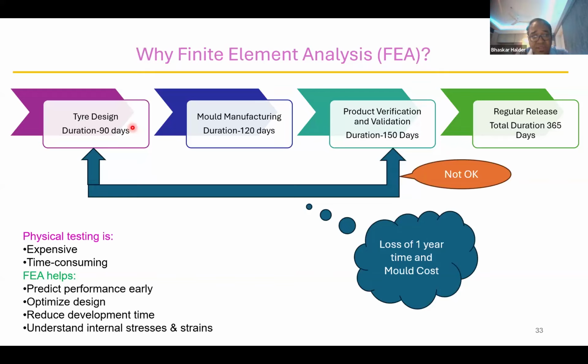So if my design is not correct, I lose 365 days, that is 1 year, with a cost of say 20 lakhs. There is always a very big risk while I am designing with my orthodox, old school method.